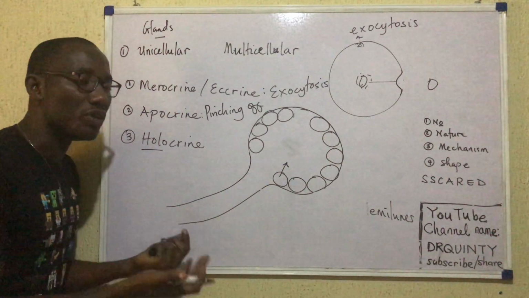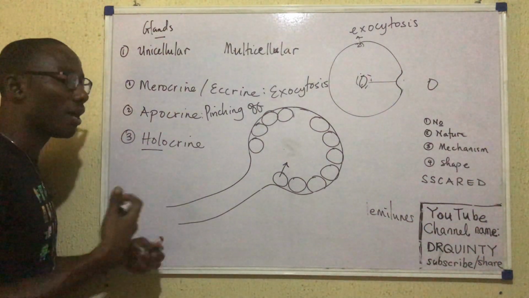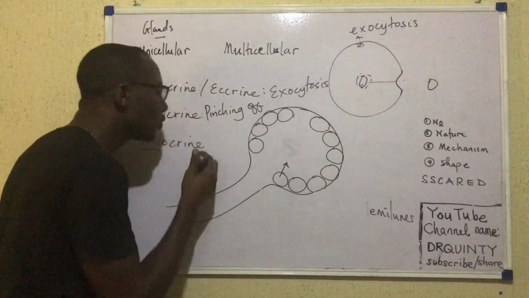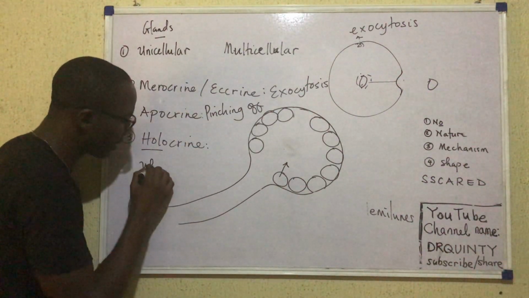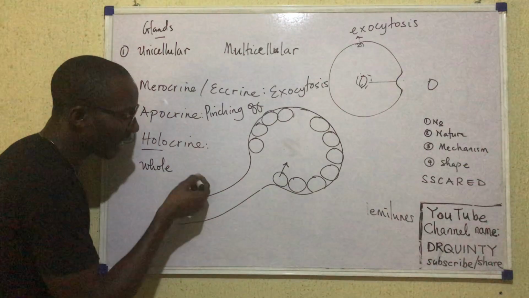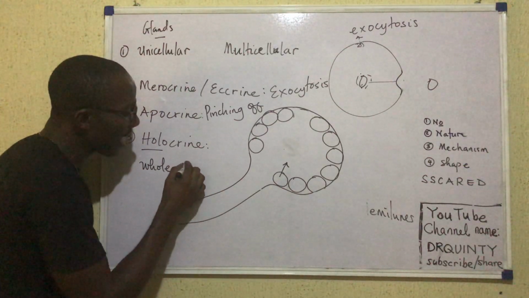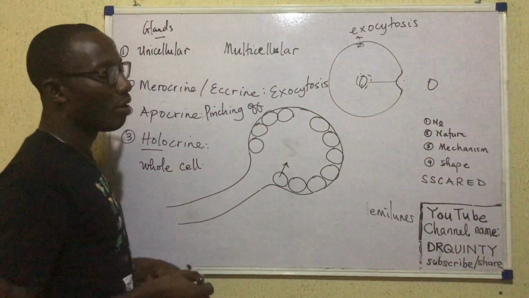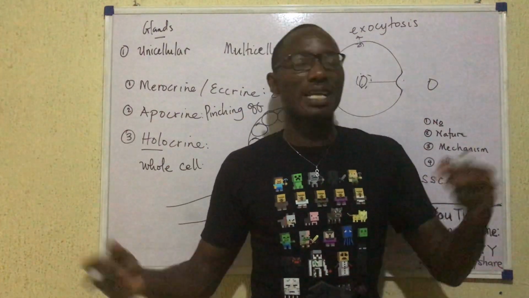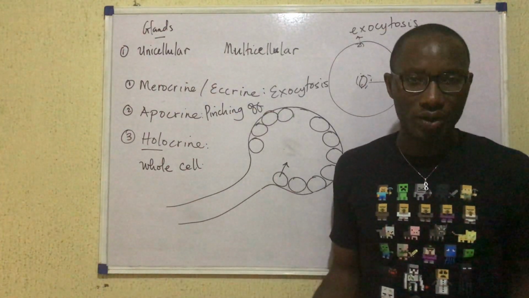Whole cell, the whole cell falls in. So that makes the gland holocrine. So anytime you see a question that says a type of secretion mechanism in which an entire cell or a whole cell falls into the lumen of the gland and disintegrates, that's holocrine secretion.